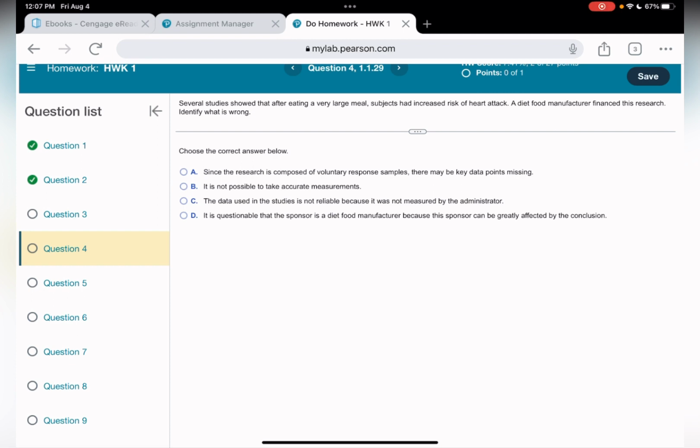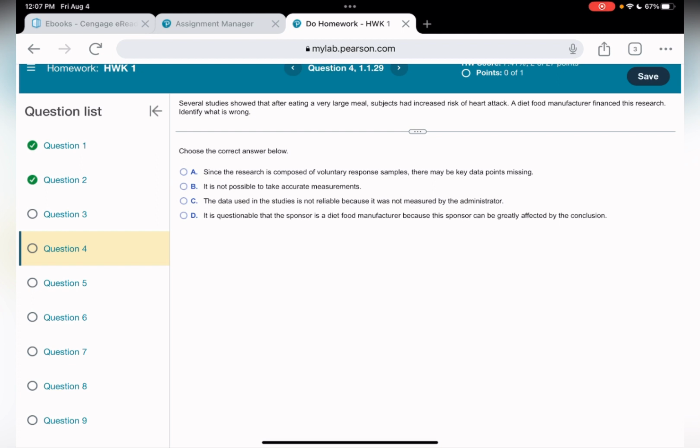Okay, so let's read our problem. Several studies showed that after eating, and stop laughing. I know you are laughing there. So several studies showed that after eating a very large meal, subjects had increased risk of heart attack. A diet food manufacturer financed the research.